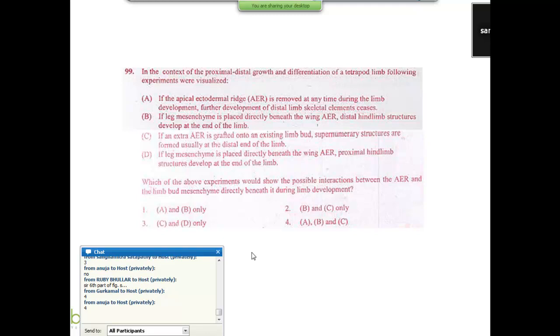It's a part C, 4 marks. Right? Have you used the strategy?